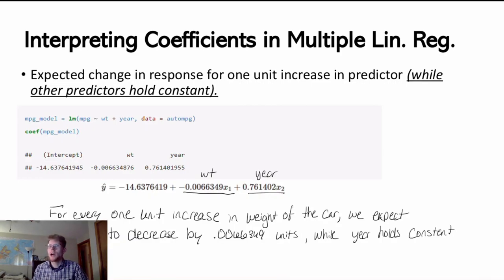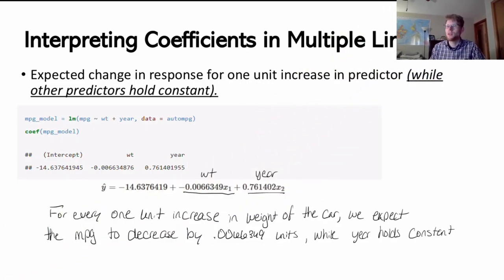Now I won't interpret the other slope coefficient here, because it's going to be the same template, but I will say something about the intercept.